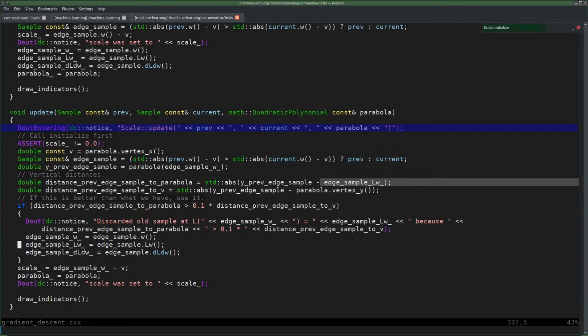Definitely seems to make more sense. Oh, this is going nowhere. I just have to remove that.